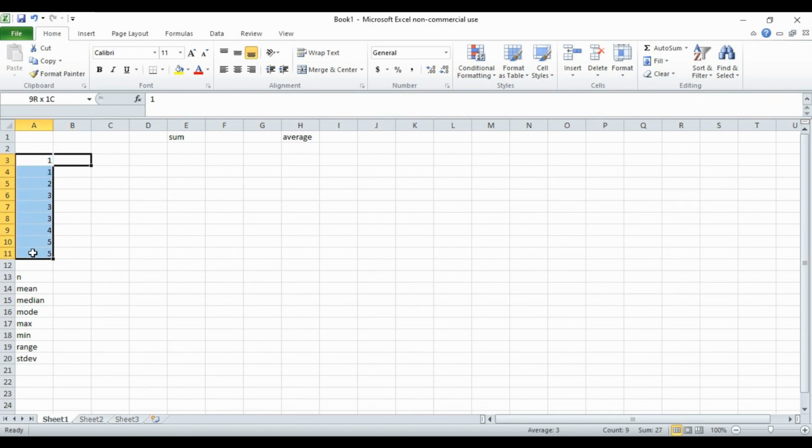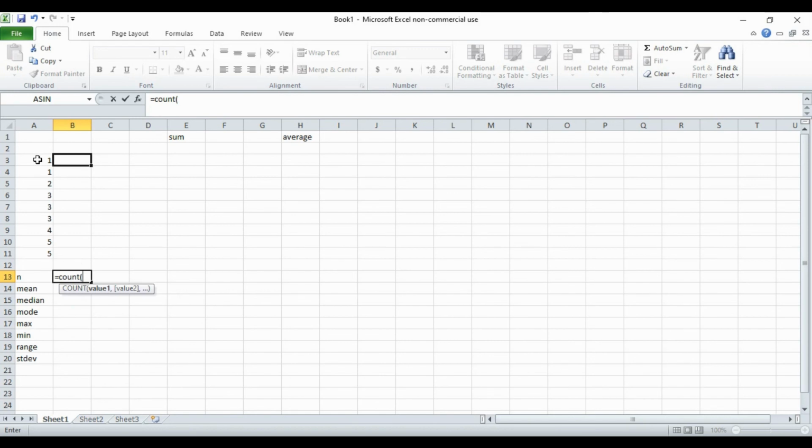So here's that first data set, 2 ones, 3 threes, a 4 and 2 fives. I want to calculate the mean, the median, and the mode. Well, I can count the number of items in the cell.